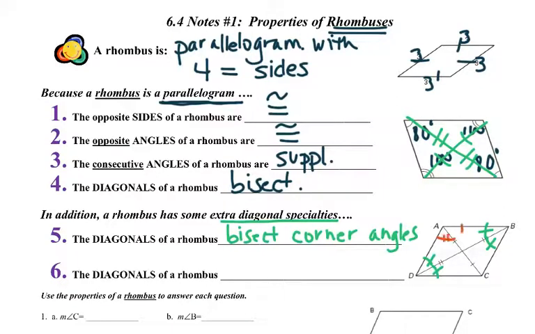Similarly, on the other side, those mini angles would be equal, those mini angles would be equal. And we'll do an example of that in a second. The last thing is that the diagonals of a rhombus are perpendicular. And you'll see why when we do the example, but these are right angle symbols that I'm putting inside there. It's all 90s on the inside.